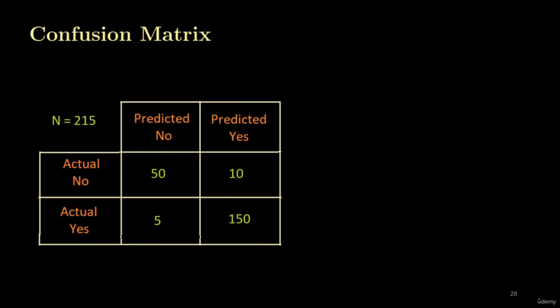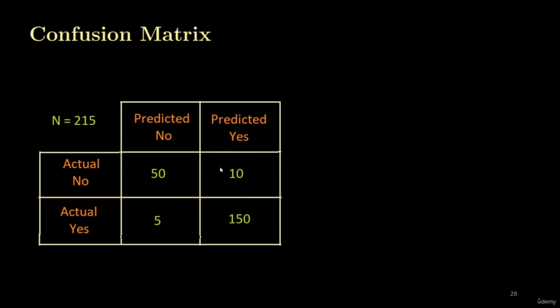Now what about this 10? Here is the value 10, and we can see that this value is at the intersection of actual no and predicted yes. So what is happening over here? In reality, these 10 samples belong to the negative class, and our model is saying that they belong to the positive class, or the yes class.